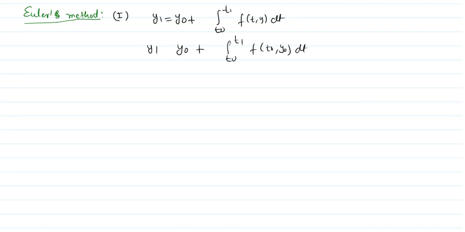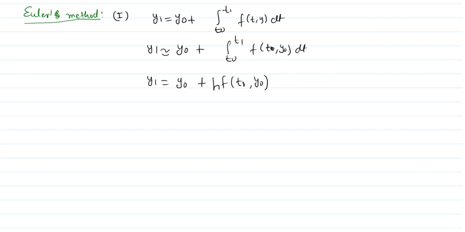So you can write this is approximately equal to, so y1 is y0 plus f, now I know f at the initial point, so I can take f outside the integral, and the integral of dt will be t1 minus t0, and t1 minus t0 I can write as h. Since t1 is t0 plus h, this is just h.